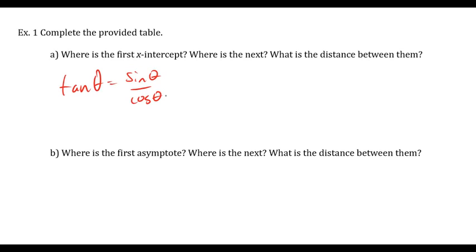Why is there an x-intercept for tangent? Like, what makes it an x-intercept? Sine is 0. So if you can graph the parent function, and you understand that sine is the numerator of tangent, you can find where sine is 0 fairly easily and find the x-intercepts. First one happens at 0, next one happens at pi. You can figure out where they are.